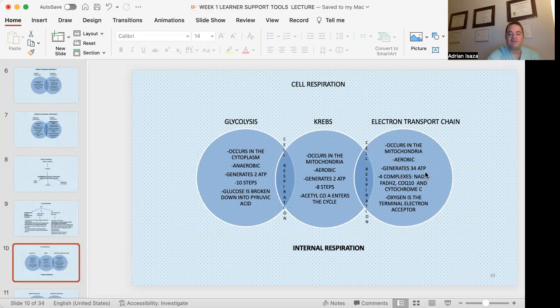Electron transport chain generates 34. That's 36 alone coming from the mitochondria. Is there any energy coming outside of the mitochondria? You said most, but you didn't say all of it. Well, here it is. 2 ATP is coming from outside of the mitochondria, specifically in the cytoplasm, right?